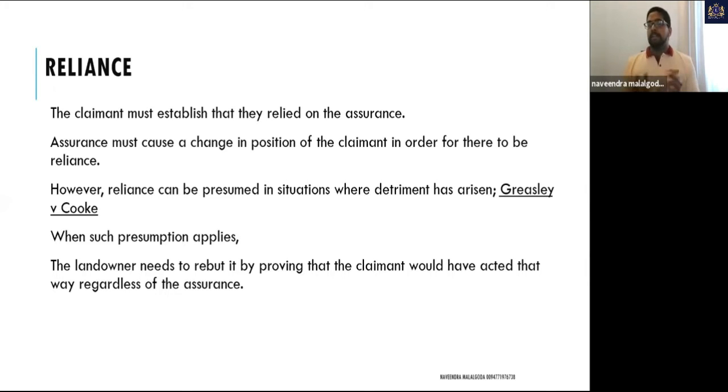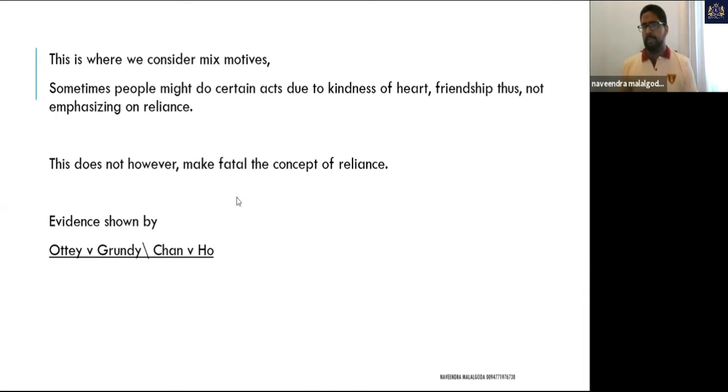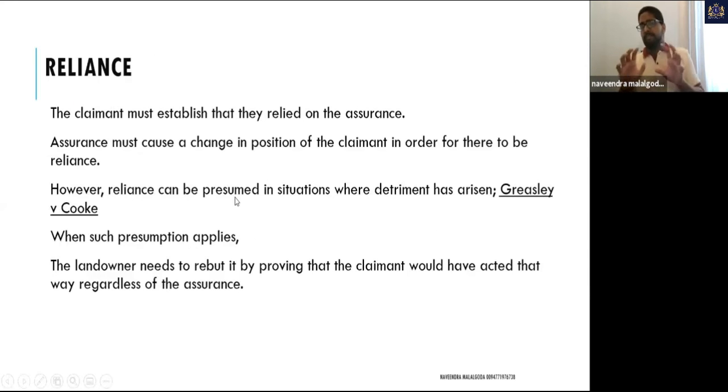Reliance on that statement, or on that assurance or representation, is what must cause detriment. All right. Reliance is what links an assurance or a representation with detriment that is suffered.